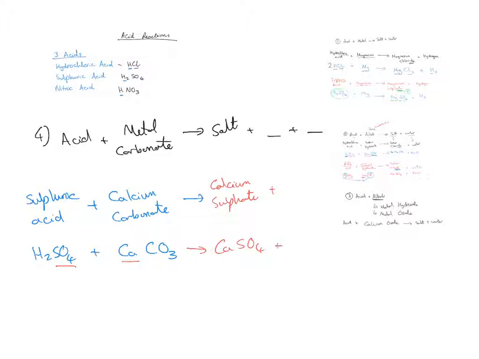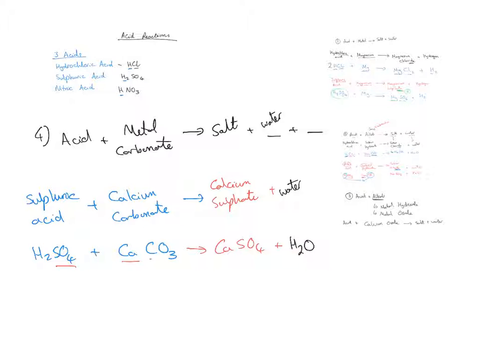Now my other products, well, I've still got hydrogens needed to be used, I've still got carbons needed to be used, I've still got oxygens needed to be used. So hopefully you could see that you would produce water, which would use those, H2O.